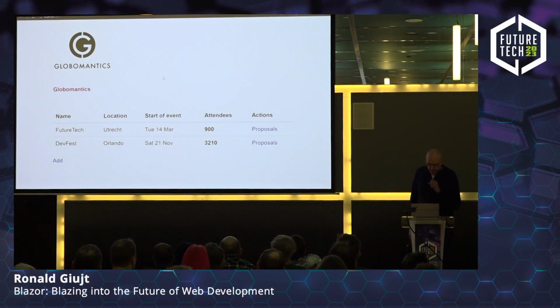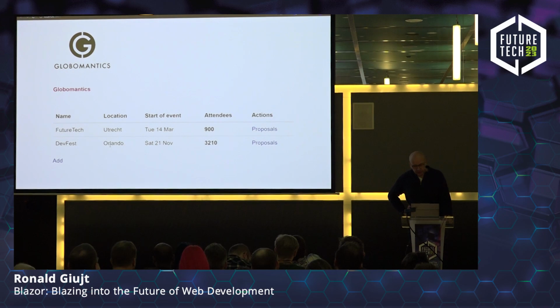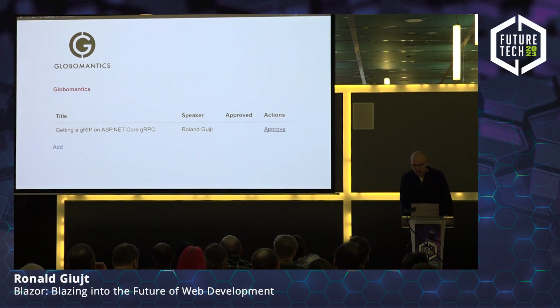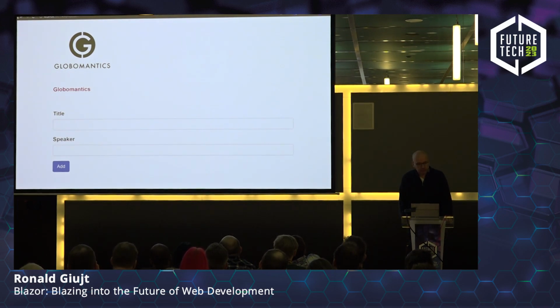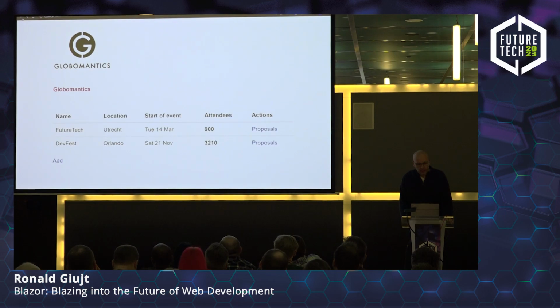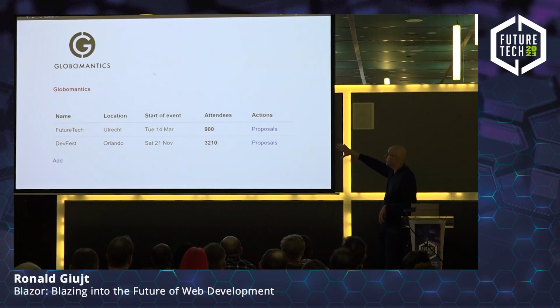But anyways, it's a very simple application. You can see that we have a list of conferences. You can press proposals. I can approve my own sessions. I can add a session, that kind of stuff. And this all works with the same smart diff mechanism, right? So when I now press F12 and take a look at everything, you will see that only the stuff that is changed is actually re-rendered in the browser.